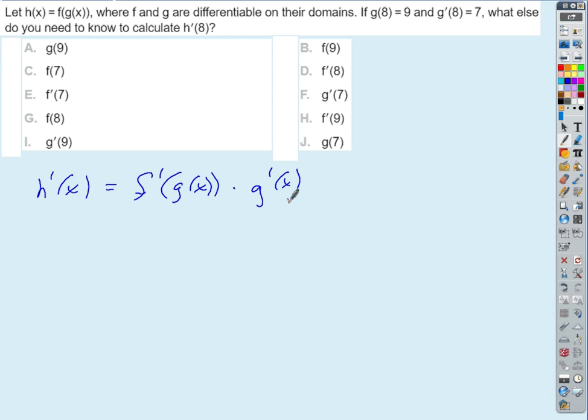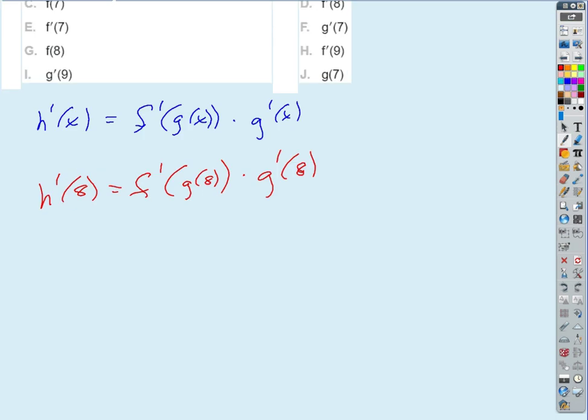Okay. So if I'm doing h prime of x then, or h prime of 8, what's that going to look like? H prime of 8 is going to look like f prime of g of 8 times g prime of 8. Well, what is g of 8? They tell us g of 8 is 9, so this is equivalent to f prime of 9 times g prime of 8.